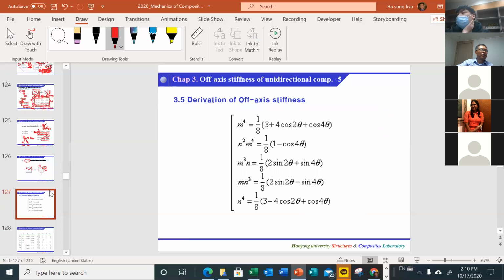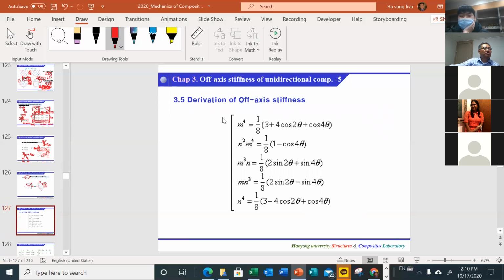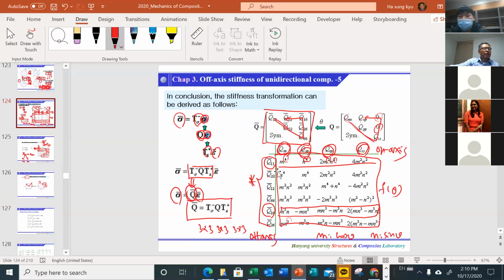And now we can derive the off-axis stiffness. Well, actually, we just need to understand this table. That's enough in calculations.